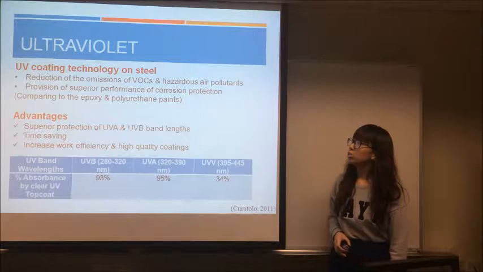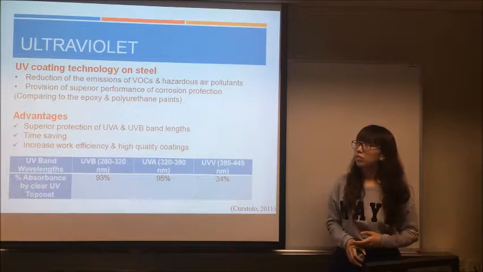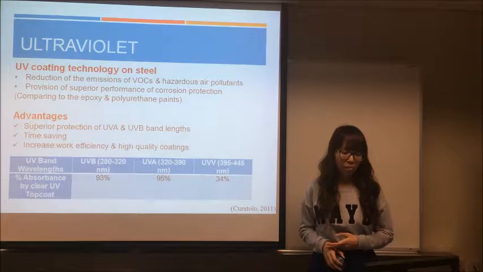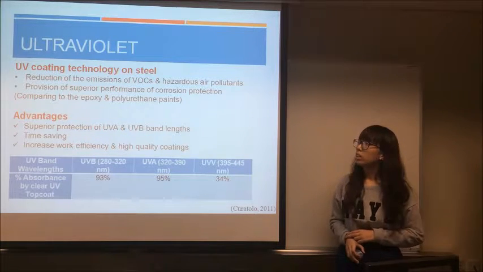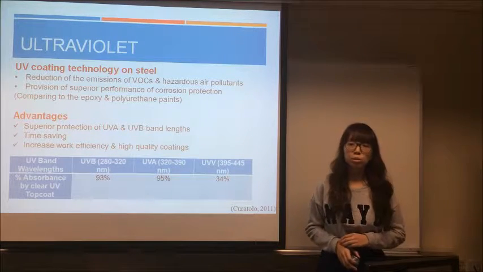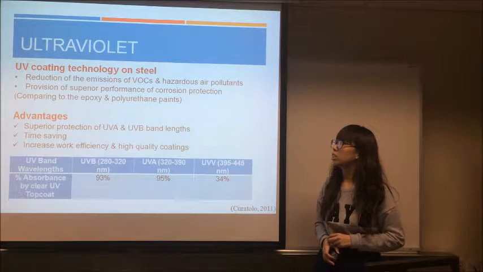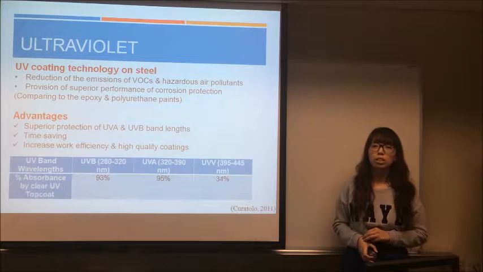And in order to protect the steel from the ultraviolet light in a better way, the UV coating technology has been introduced. This technology is widely used in protection and decoration in various industries.